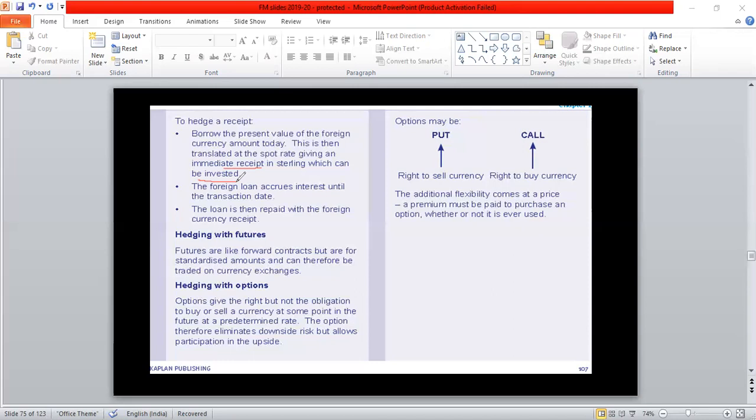So the owner has the option to either buy or sell. The technical terminology we use is put options and call options. When it is a put option, the option is to sell the currency.